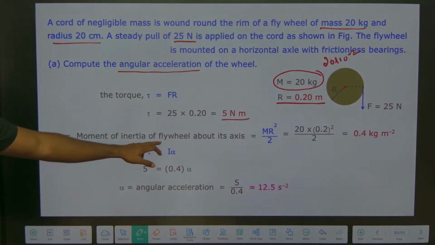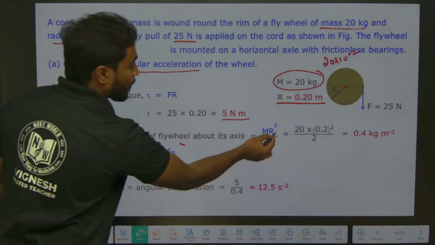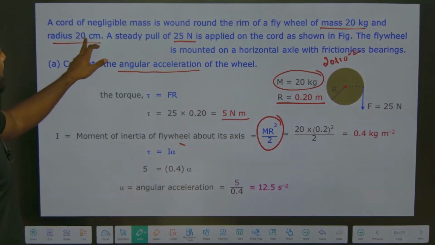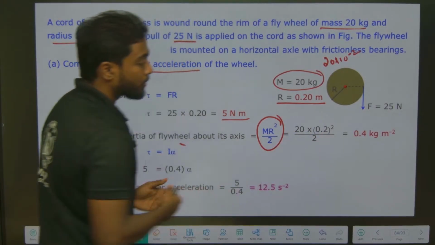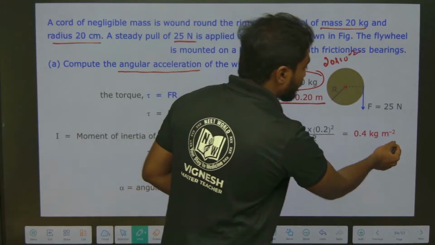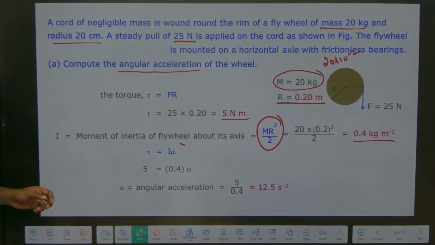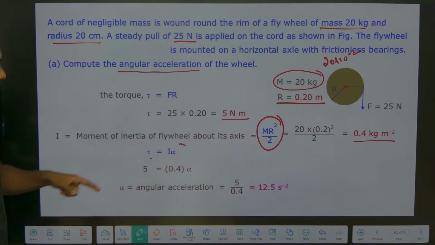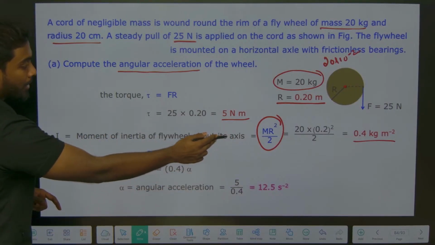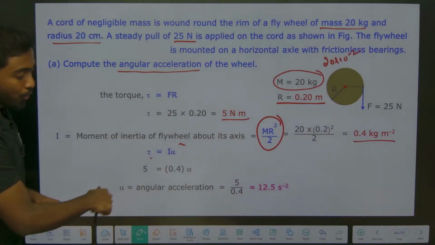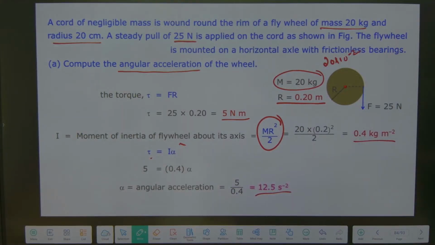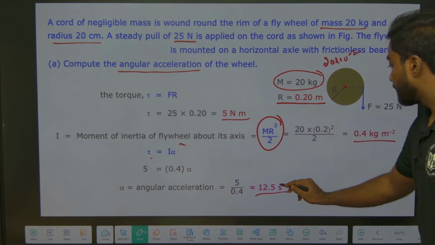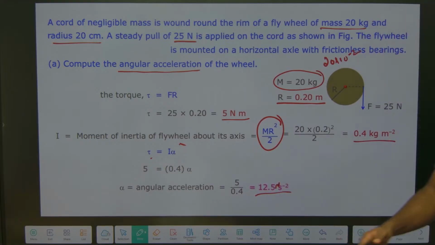The moment of inertia of a flywheel about its axis is m r square by 2, where mass is 20 kg and R is 0.2, so 20 into 0.2 square by 2, which is 0.4 kg meter square. Torque is I alpha, so from there I can find alpha. Torque 5 and moment of inertia 0.4, so angular acceleration is 12.5 radians per second square.